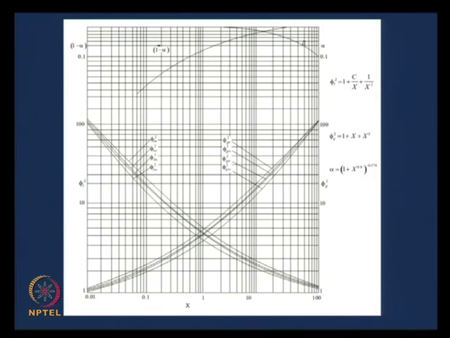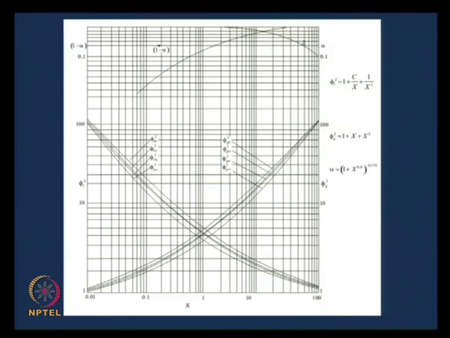Now, subsequently a large number of other modifications were suggested. What was the first modification? First modification was, if an analytical expression can be proposed which would condense these curves into equations, that would be very useful. And subsequently people have tried to find out the analytical expressions, and I have written down the analytical expressions on the side of the graphs. If it's visible to you, I do not know.